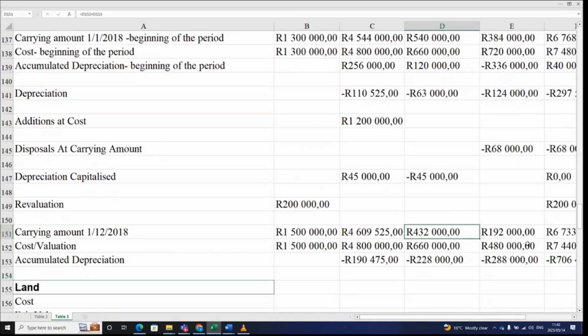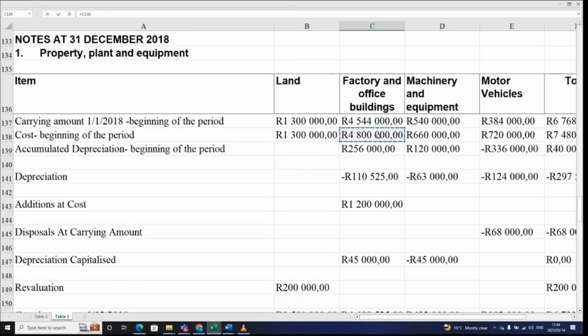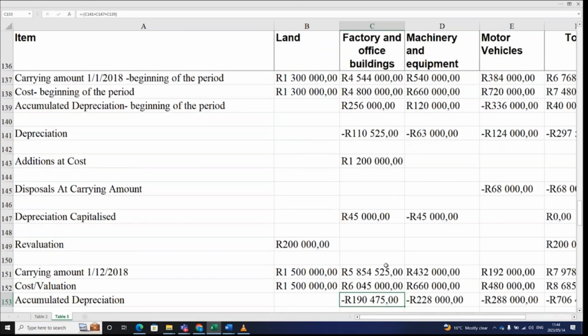Let's just fix this as well to get the cost there and get the signs consistent there for you guys. All right, 6045. Then accumulated depreciation. Let's just change that sign over there, since that was for illustrative purposes.